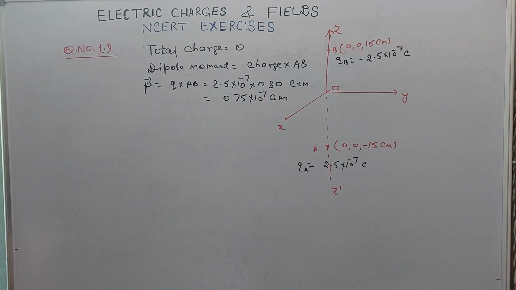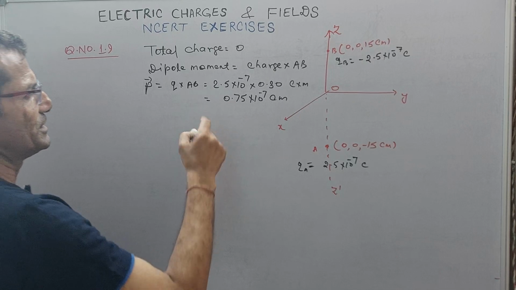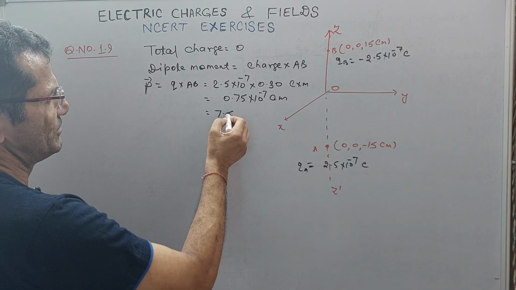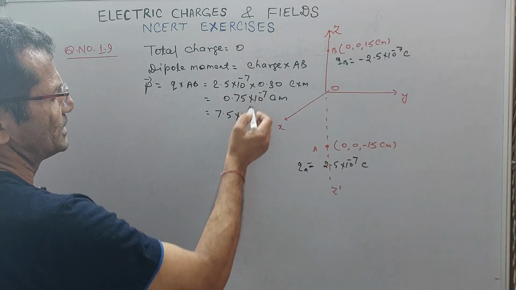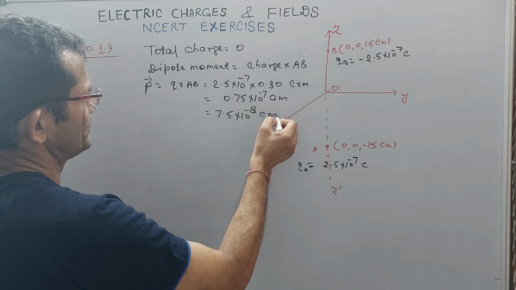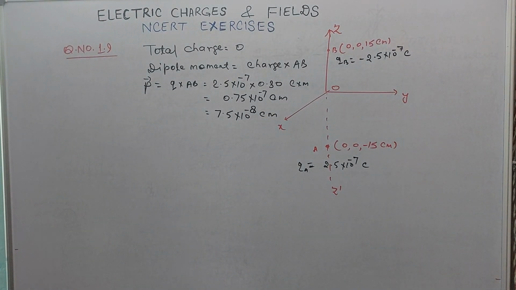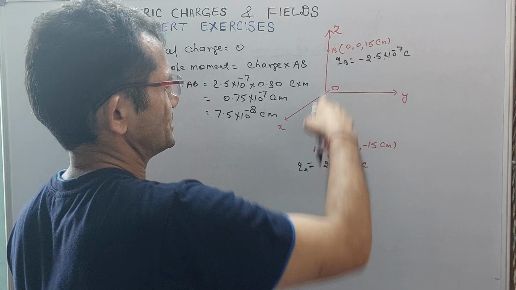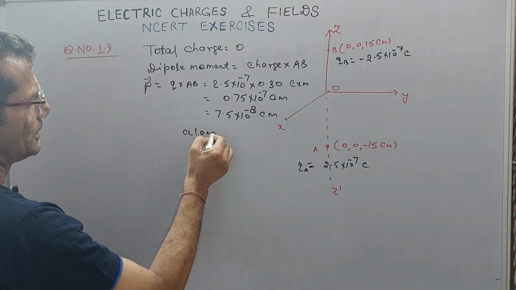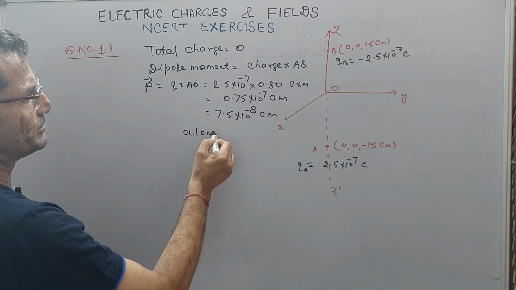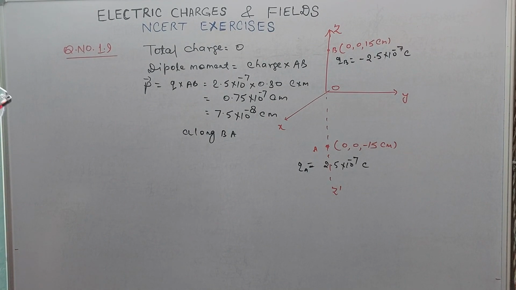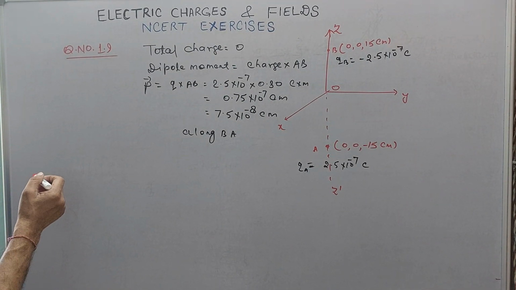Written in the standard format, before the decimal there should be one digit, that is 7.5, and dividing by 10 it comes out to 10 raised to minus 8 coulomb meter. Now the direction of the dipole moment is from negative charge to positive charge. Direction will be along BA.